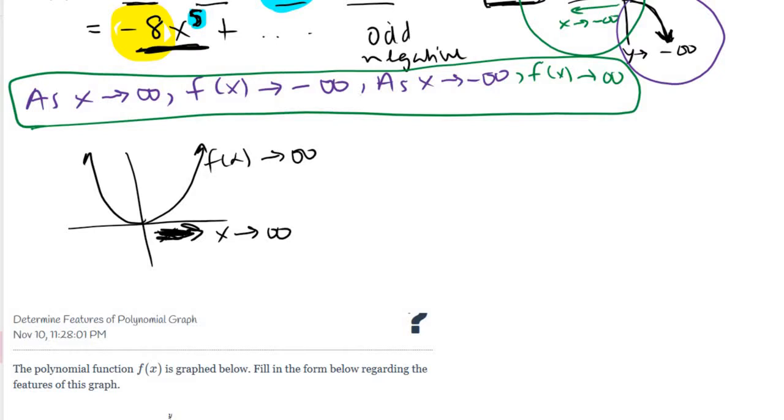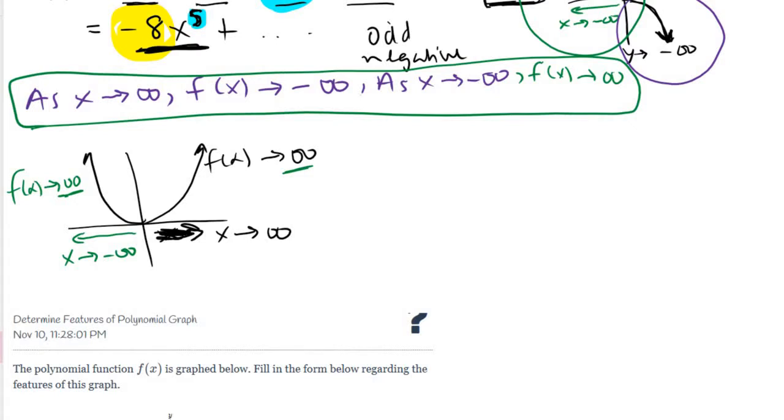But as you're going to the left, x approaching negative infinity, then f of x will be approaching also infinity. Positive, they're both positive.